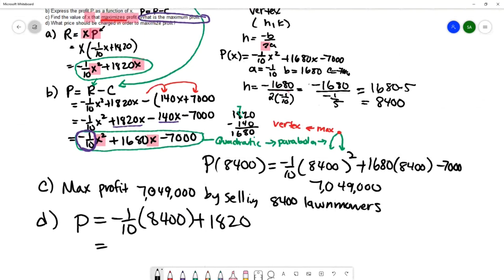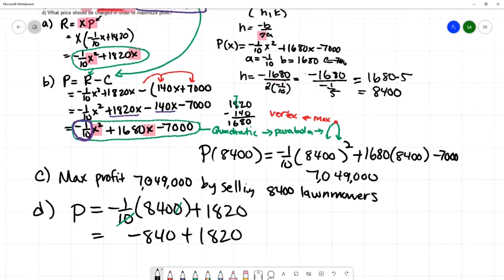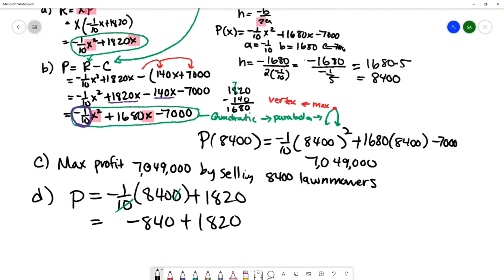So multiplying 8,400 by 1/10 will cancel out one of those zeros, so we get -840 plus 1,820. So let me do that calculation. I need to borrow again.